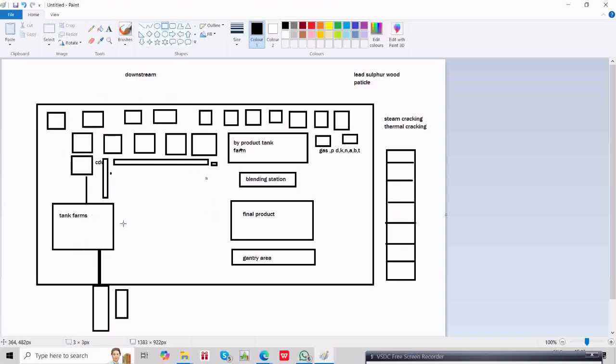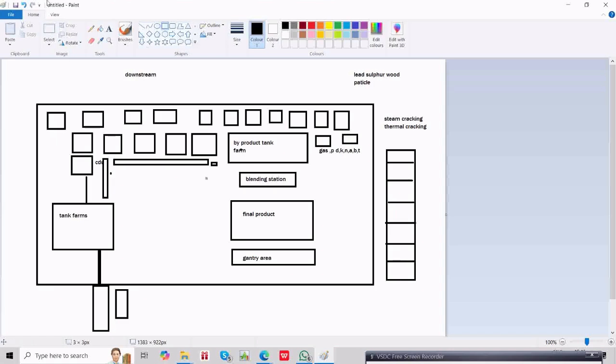In the overall plot plan, you will come to know where the tank farm will come, where the CDU will come, how we decide this, how we figure it out, what type of land is required, and what the important points are to consider before starting the layout or the project. Those are the things that come under downstream. This is called the overall plot plan.